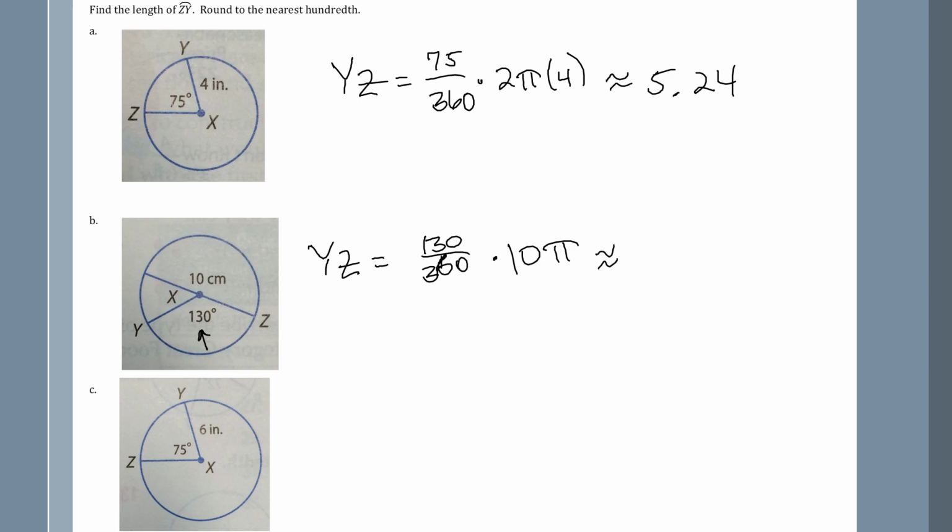So this is going to equal, using our calculator, 130 over 360 multiplied by 10 pi. I got 11.3446, so it's 11.34.